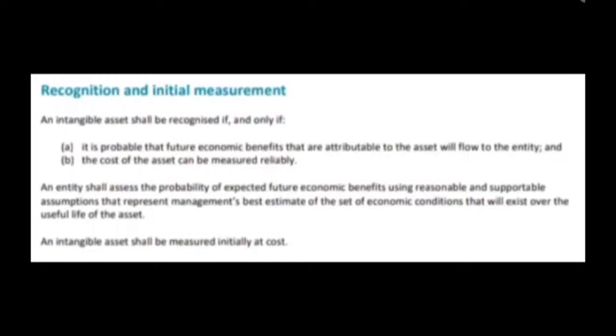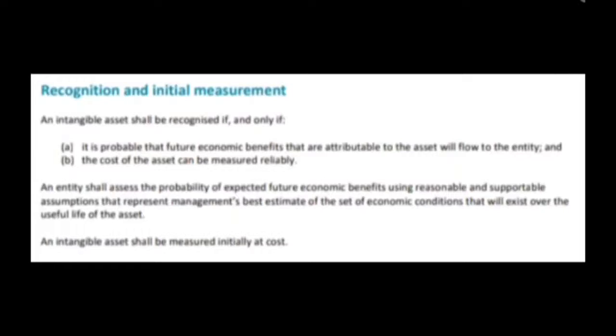Then an entity shall assess the probability of expected future economic benefits using reasonable and supportable assumptions that represent management's best estimate of the set of economic conditions that will exist over the useful life of the asset. So what and how much amount shall the asset bring to the entity should be reliably measurable, and it is upon the best estimate.